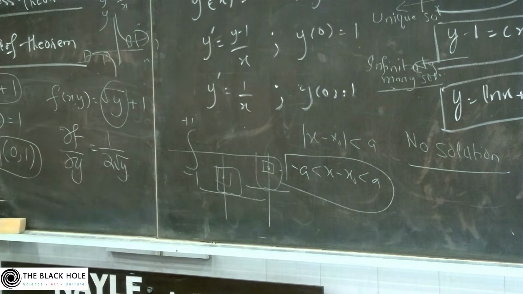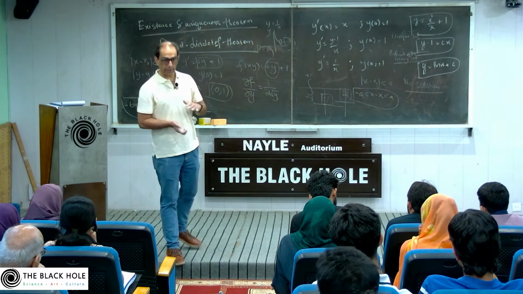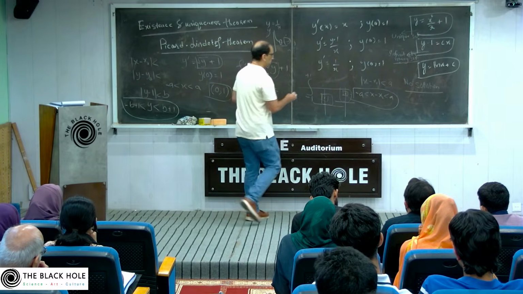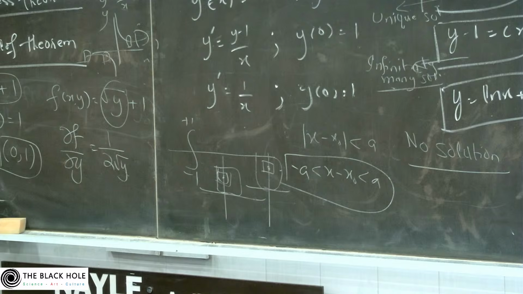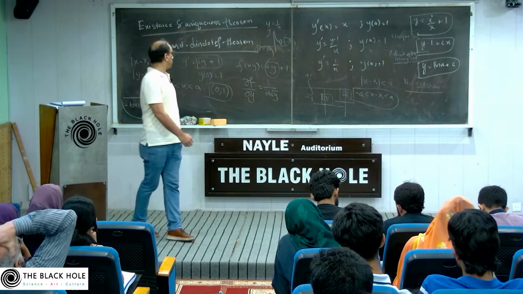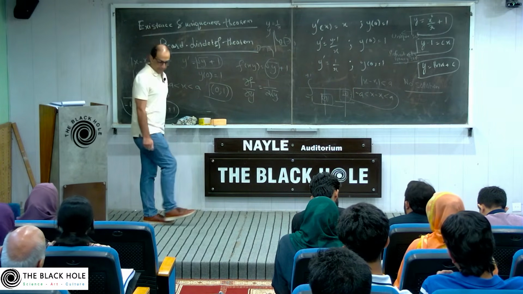So it does tell us about the dimensionality of the box, that it can never include that. But in principle, we draw a small box around it so that we know that we are talking about the vicinity. It shouldn't be far away from the point. So this much about the existence and uniqueness.